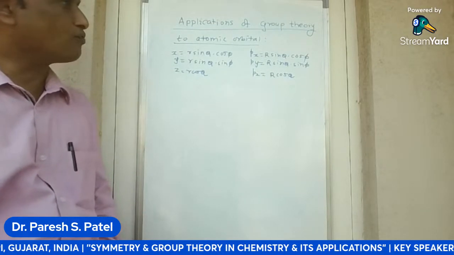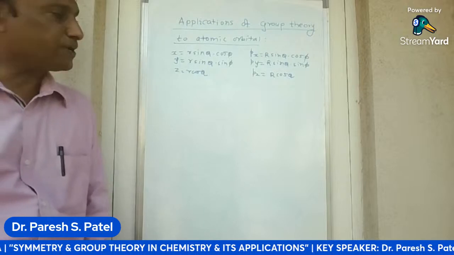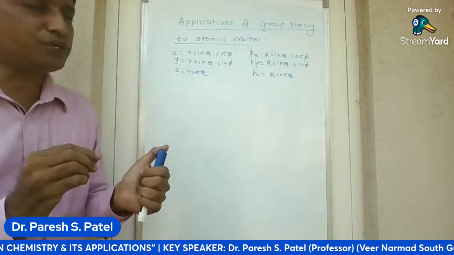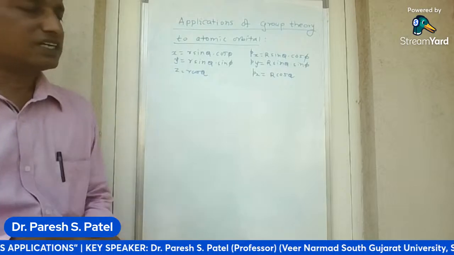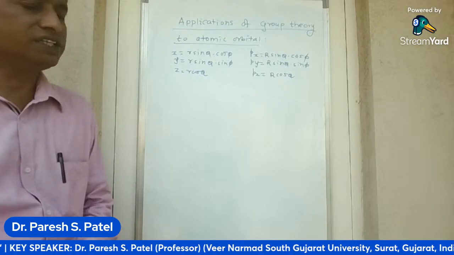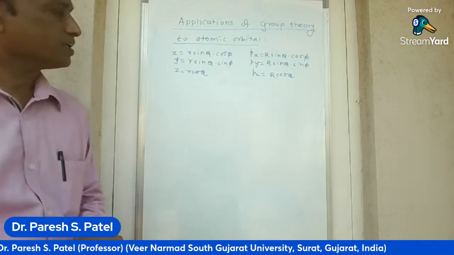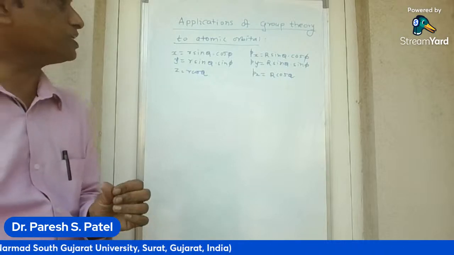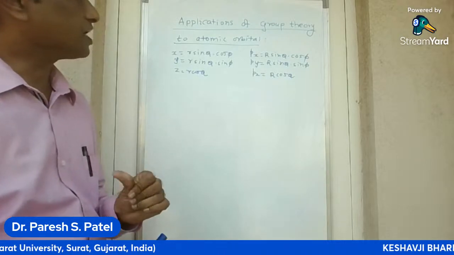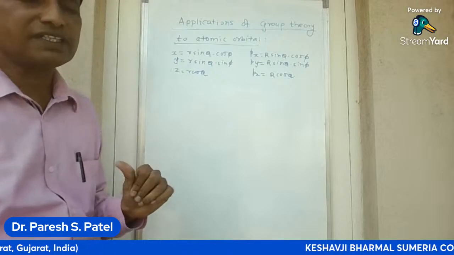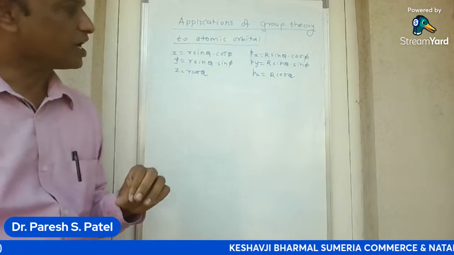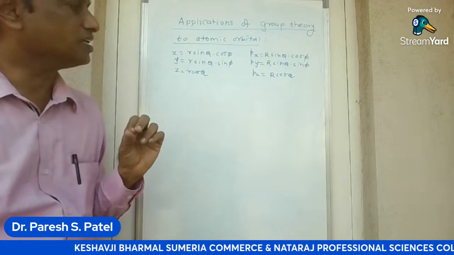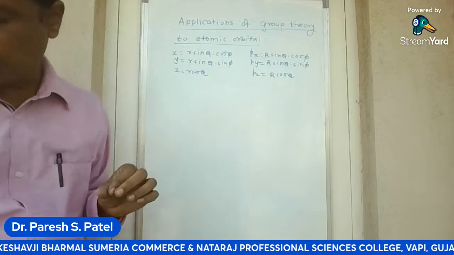Now, applications of group theory to the atomic orbital. With the help of group theory, we can predict how many s orbitals and p orbitals are involved in the bonding orbitals. So with the help of group theory, we can predict whether contributions are from s orbital, p orbital, or d orbital in the bonding skeleton of the molecule.